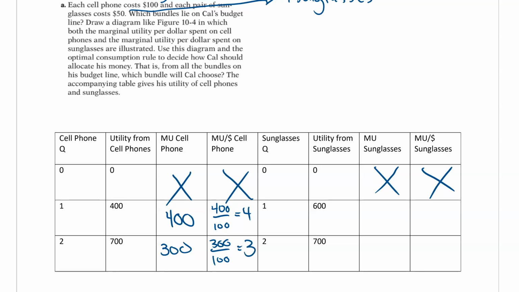Then we've got increase from 0 to 1 sunglass is 600. Then we've got 600 divided by the cost of 50, which is going to be 30. And then we've got 100, because it increases by 100, divided by 50 is 2.